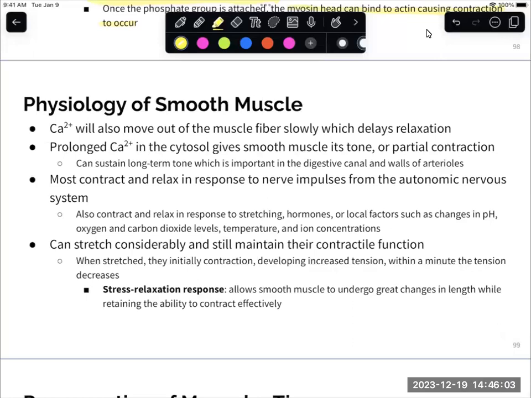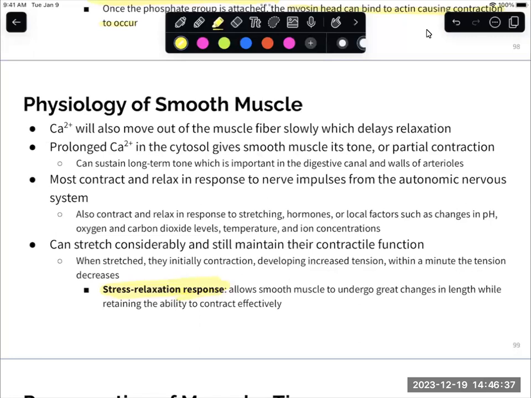Most of the time when smooth muscle contracts, it is actually going to contract because of a stress relaxation response. So say you swallow something, it goes through your esophagus, into your stomach, and then into your intestines. As the contents of your stomach empty into your intestines, it causes the lining of your intestines to stretch. When the lining of that intestine stretches, it causes it to contract.